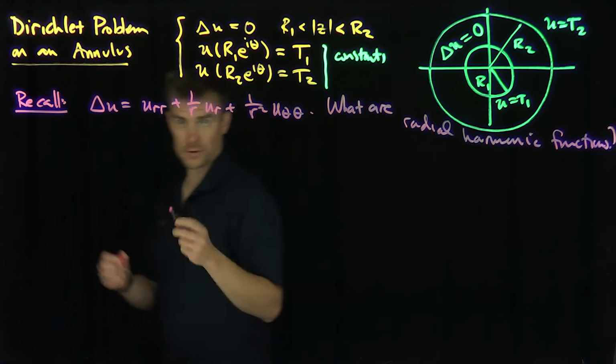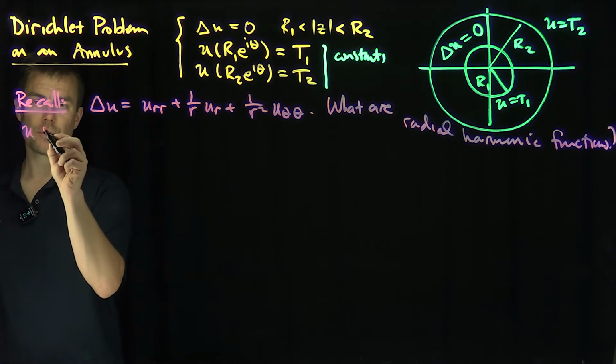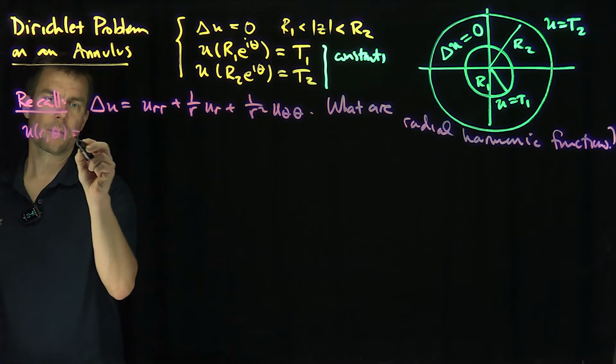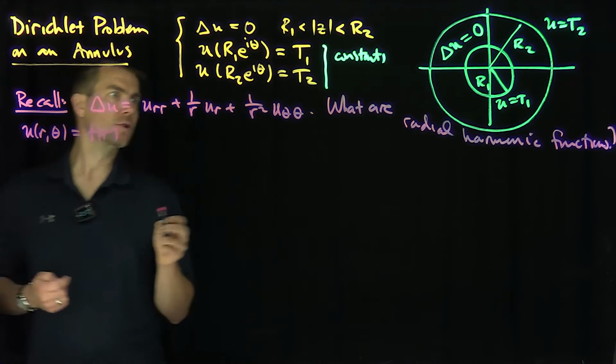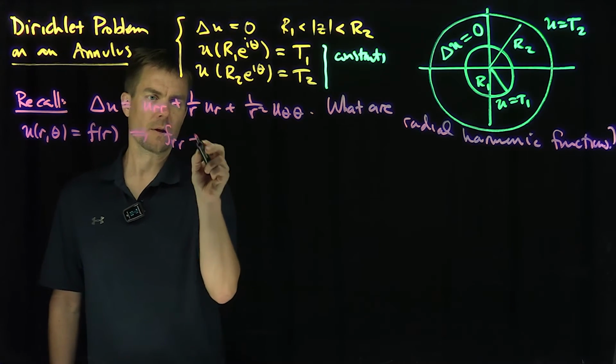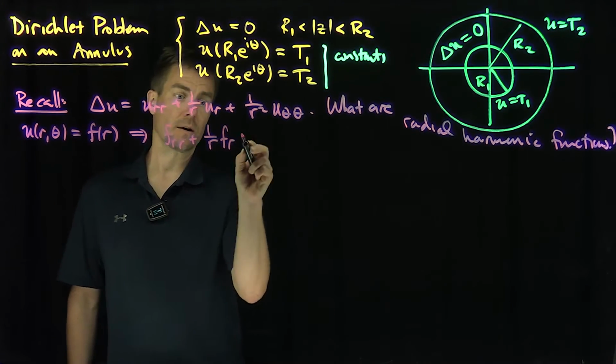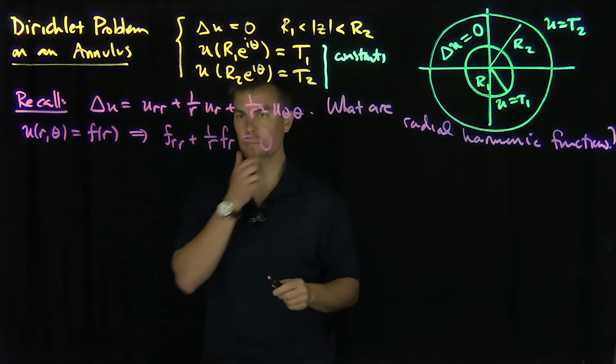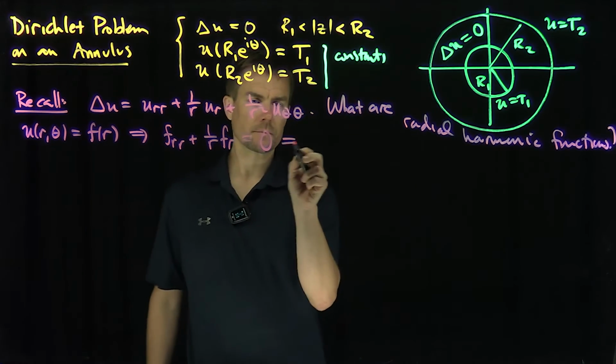That means we're just looking for a function u of r and theta that has the form just f of r, right? So if we plug that into the problem, we're going to have f_rr plus 1 over r f_r is equal to 0. Great. Now hit that with r.